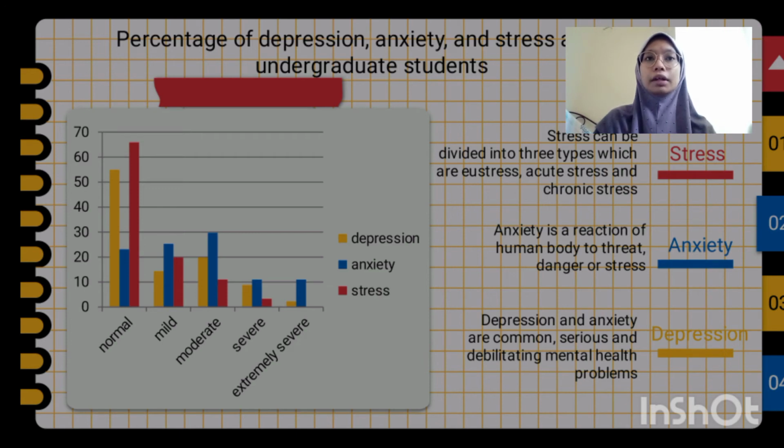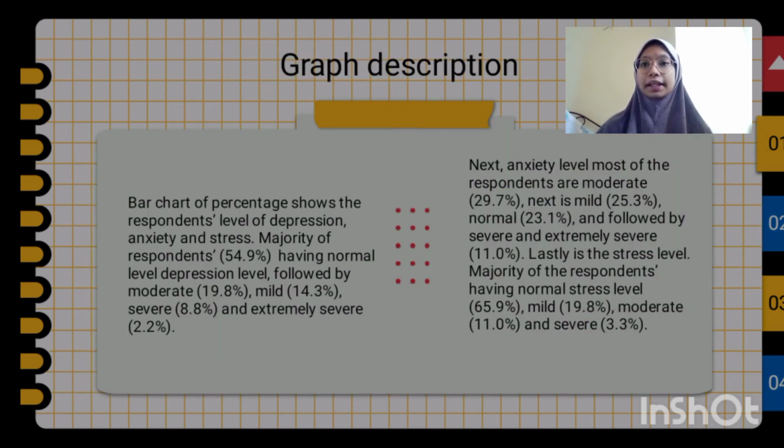The bar chart of percentage shows the respondents' levels of depression, anxiety, and stress. Majority of respondents, 54.9%, have a normal level of depression, followed by moderate 19.8%, mild 14.3%, severe 8.8%, and extremely severe 2.2%. Next, anxiety level.